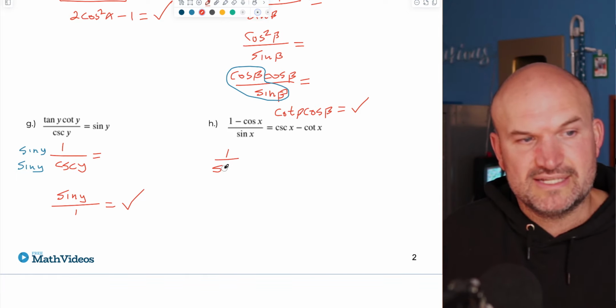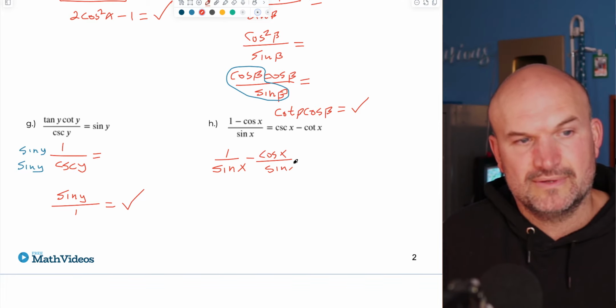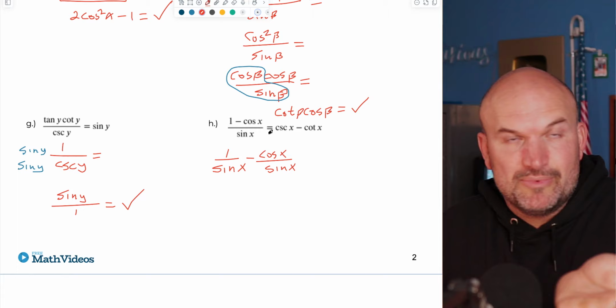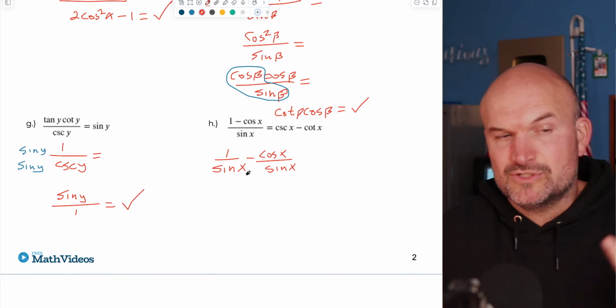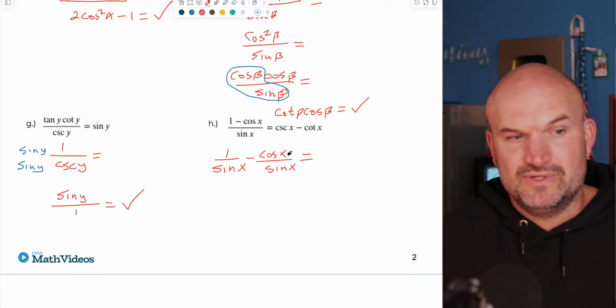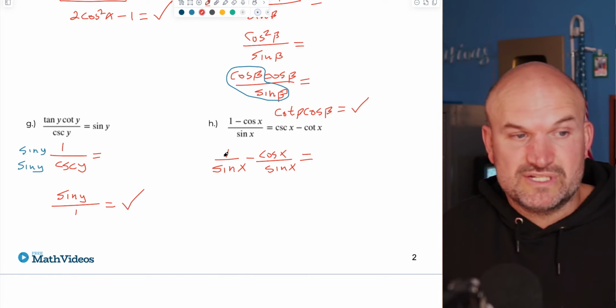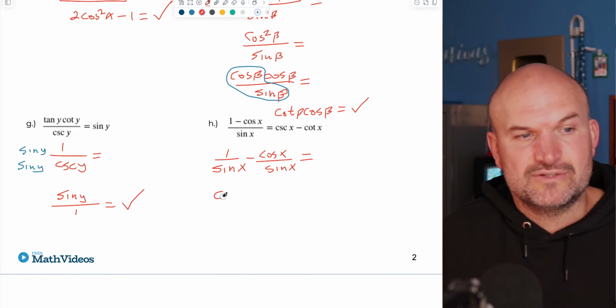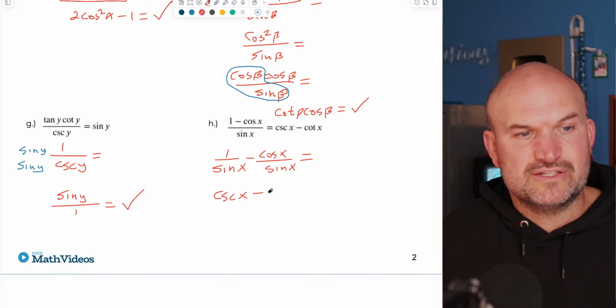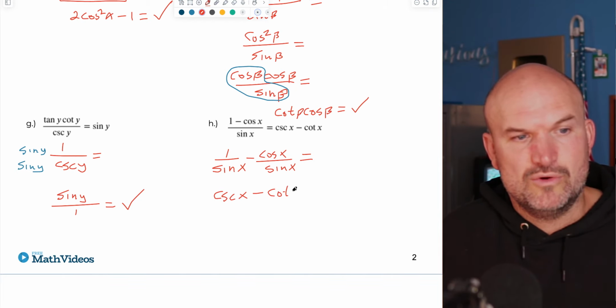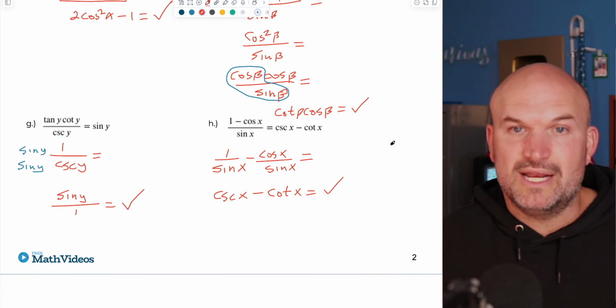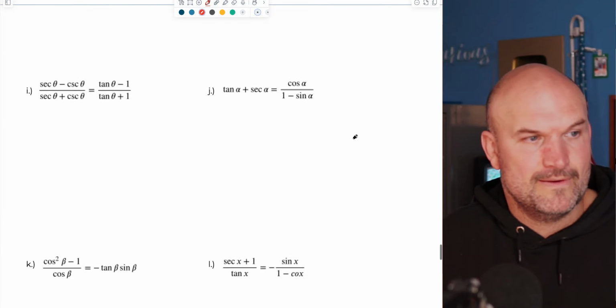So I can rewrite this as 1 over sine of x minus cosine of x over sine of x. And that's exactly the reciprocals of those two. If you were to write those as reciprocals and try to add them together, that's exactly what you get. Now you can see, using the reciprocal identities, 1 over sine is going to be a cosecant of x, and cosine of x over sine of x is going to be a cotangent of x. You can see, voila, it is now verified.